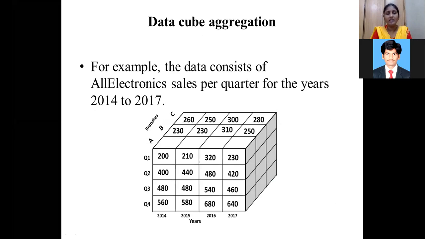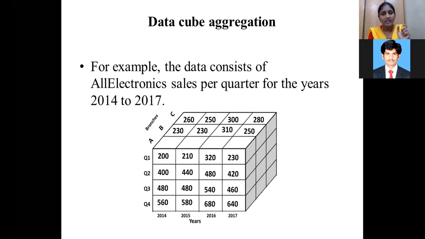When you represent the data in multi-dimensional space, that means we can analyze different attributes from different perspectives, at different abstraction levels. The user can view the data at different abstraction levels when you represent the data in a data cube format.